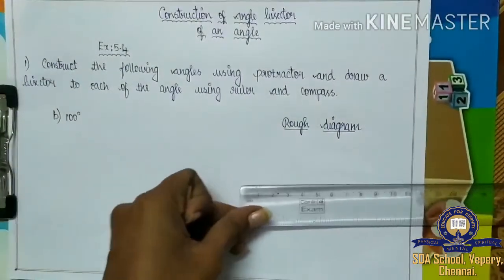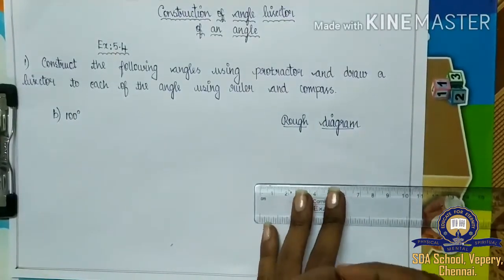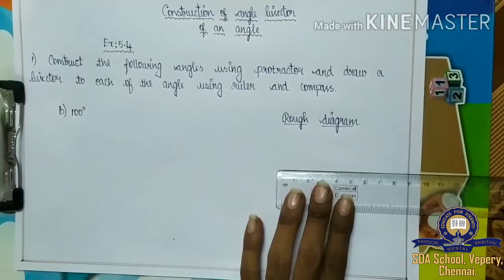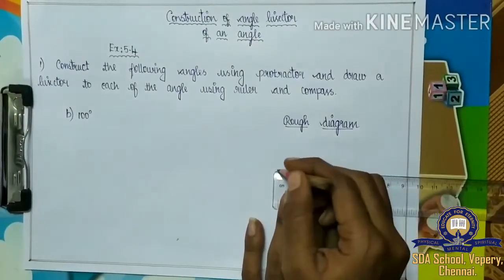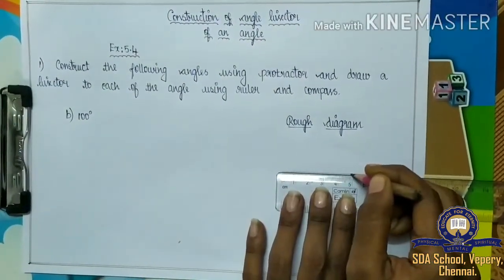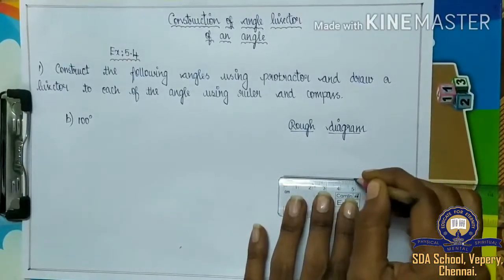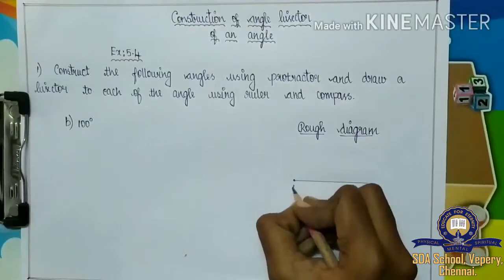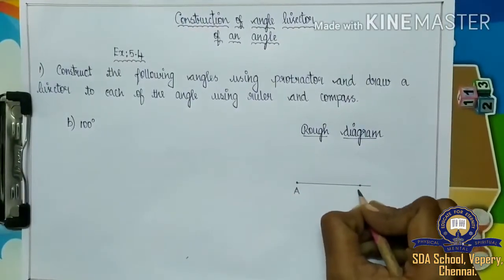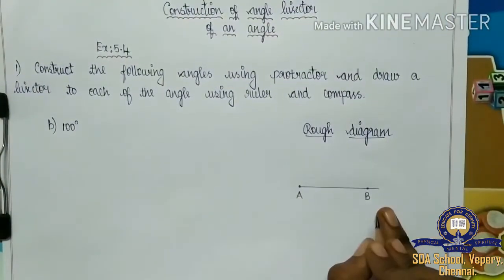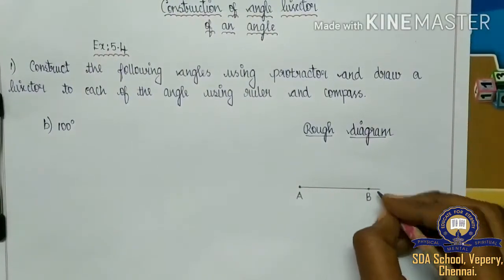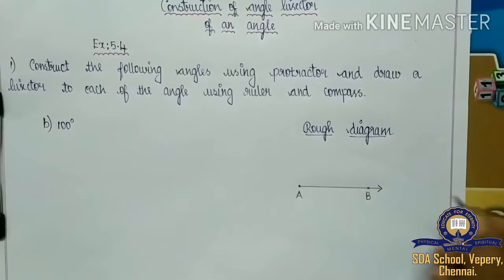For that, first we will draw a line. Just draw roughly. And mark A and B. See here, a line goes on, right? It has no end points. So you put an arrow.